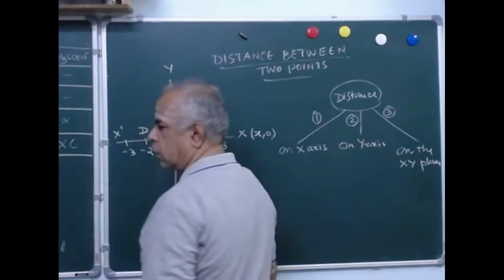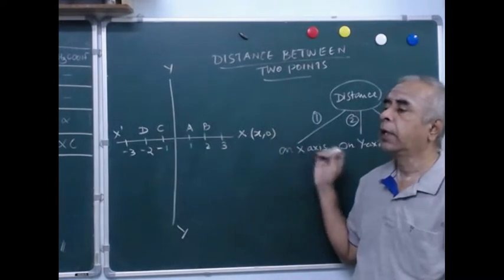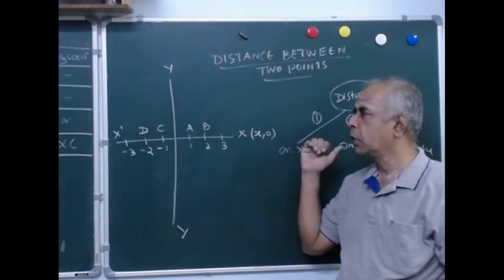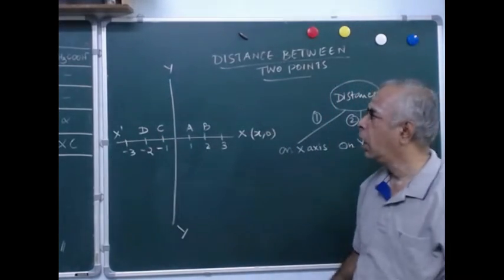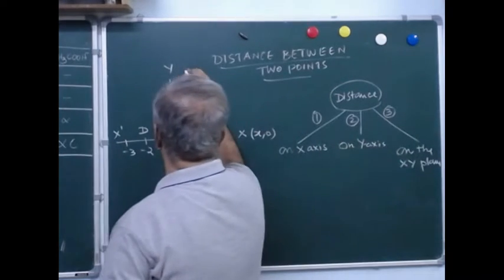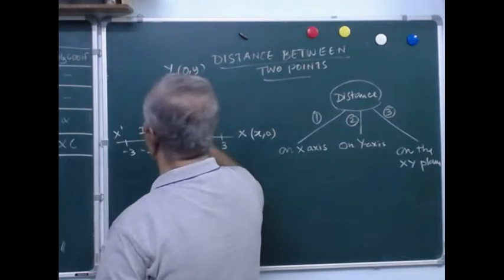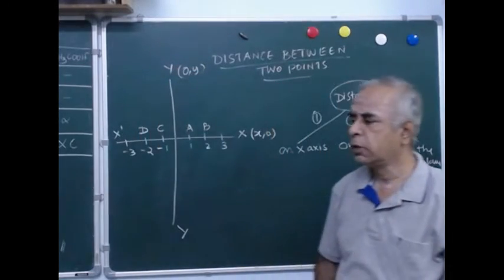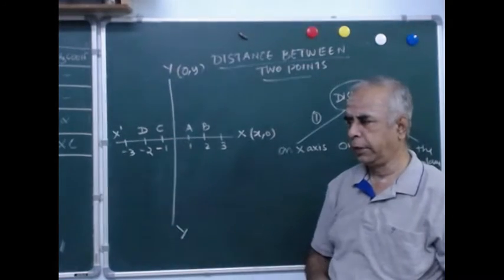Any number followed by 0 represents points lying only on the x-axis. And similarly, (0, y), a 0 followed by some number, represents all points on the y-axis only.